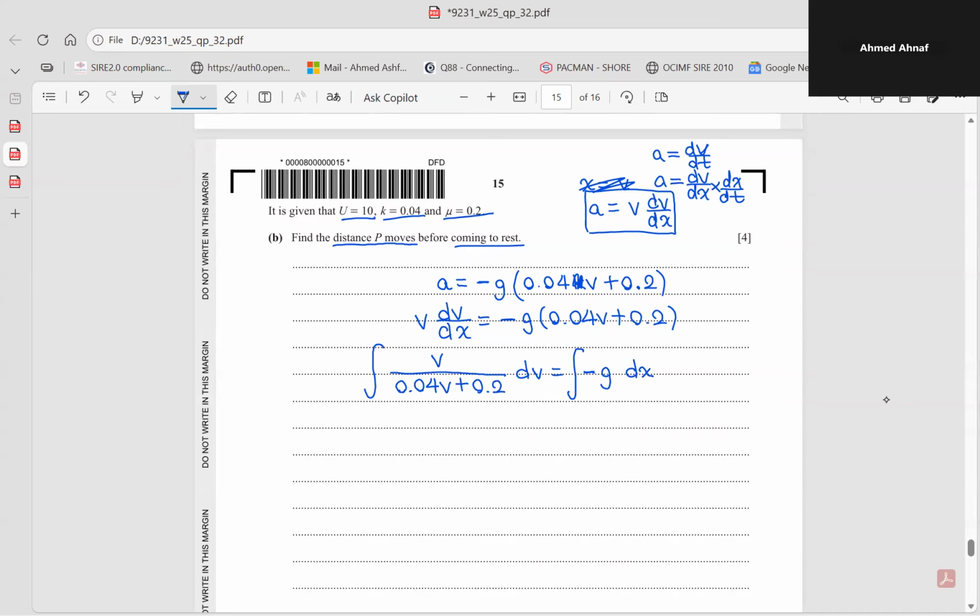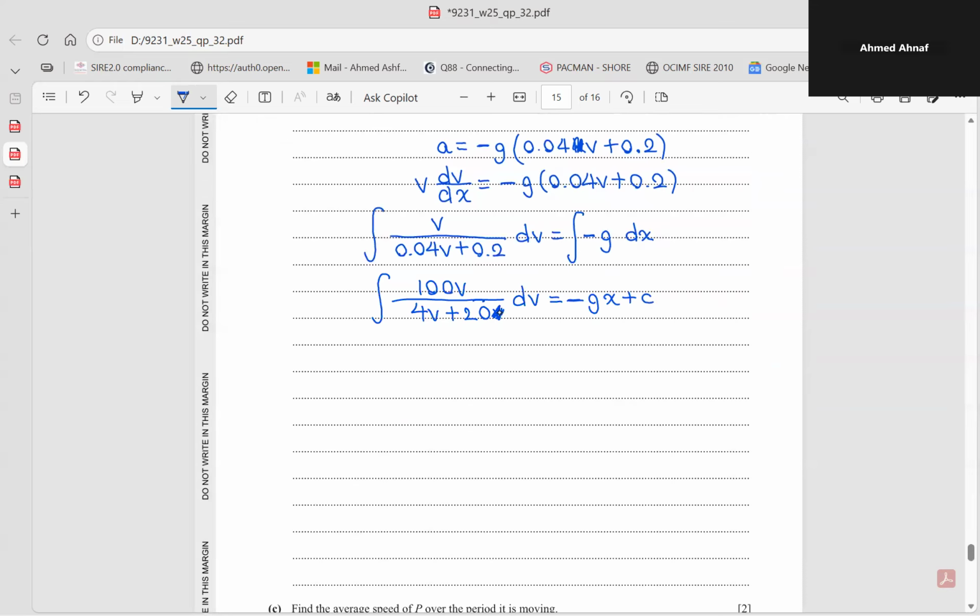To make this easier, I'm going to multiply both the numerator and the denominator by 100. So it's 100 v over 4v plus 20 dv, equals minus gx plus c. There's still all multiples of 4, so simplifying, you'll get 25v over v plus 5 dv.